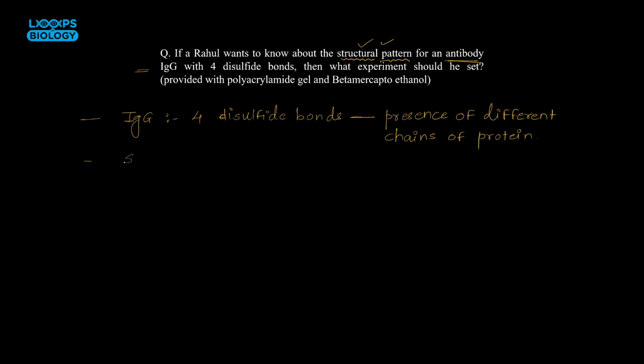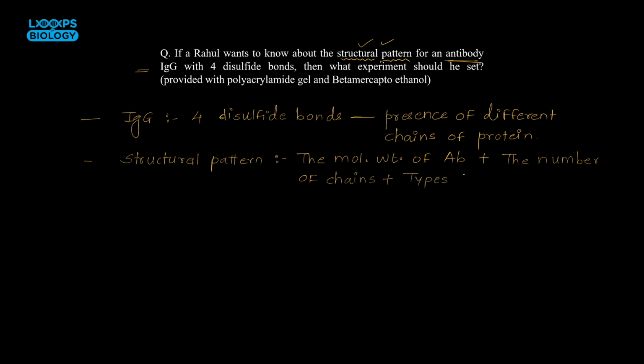So basically the structural pattern is going to decide the molecular weight of the antibody plus the number of chains plus the types of chains. This is nothing but the structural pattern that Rahul wants to know about.